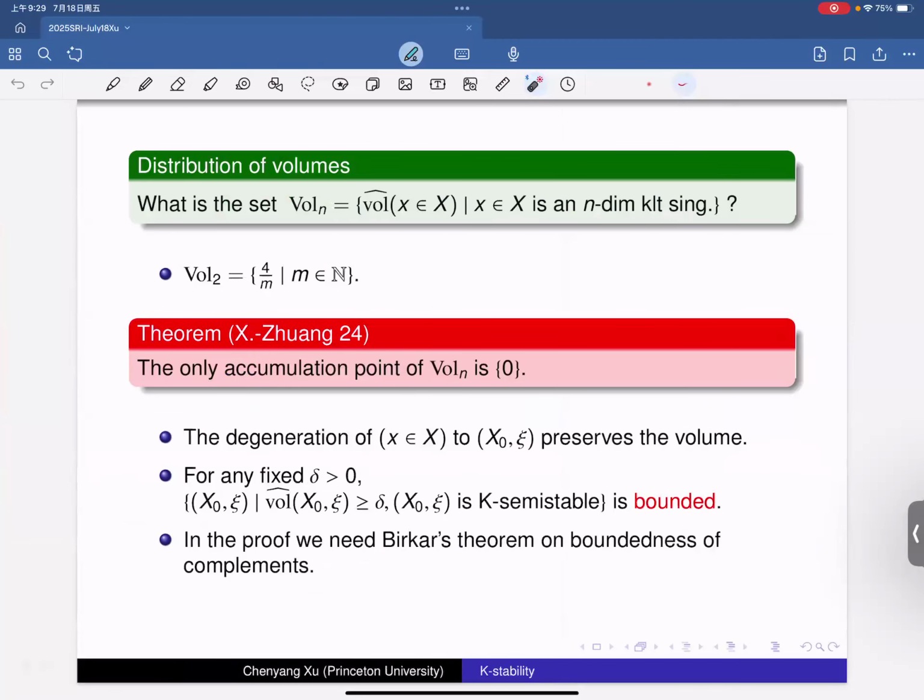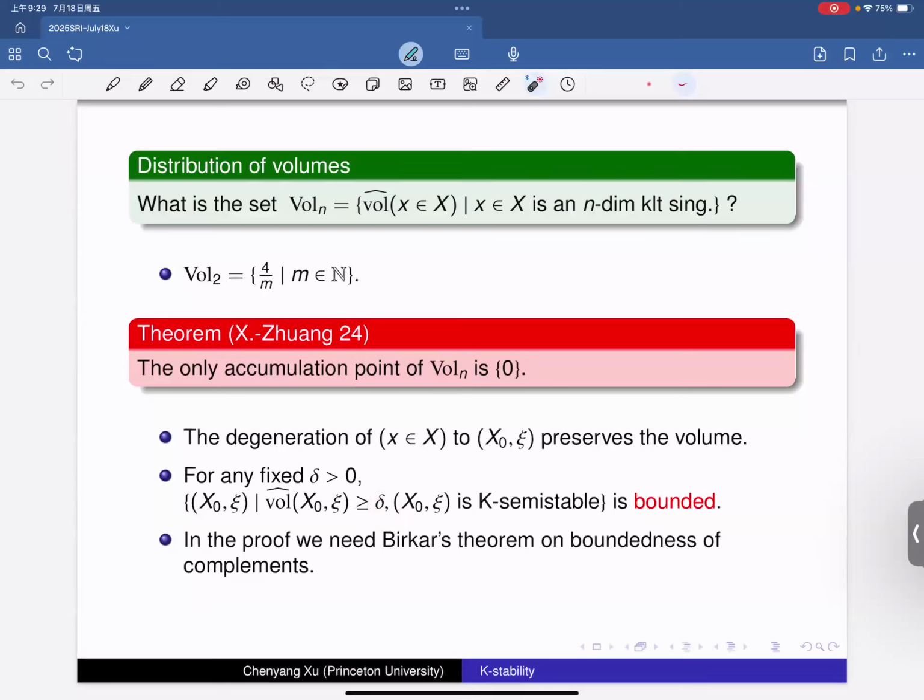And then we prove that if I fix a number delta and look at what we call Fano cone singularities with volume larger than delta, and this Fano cone is K-semistable, then all such sets are bounded. This is what Chuyu Zhuang and I proved last year.